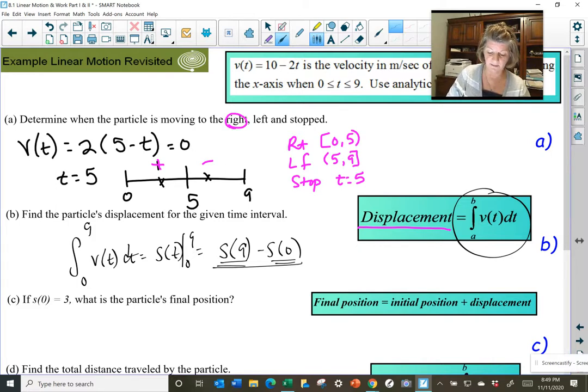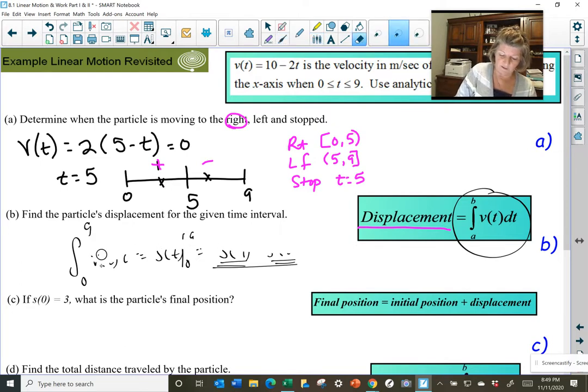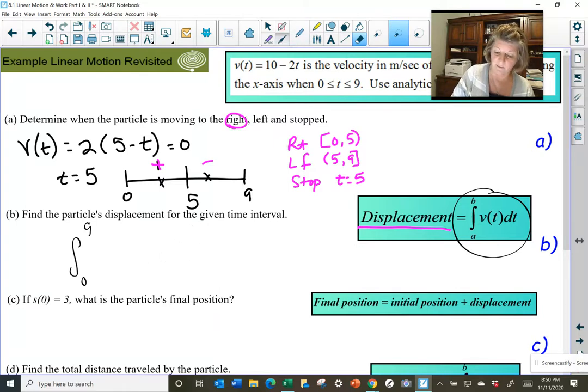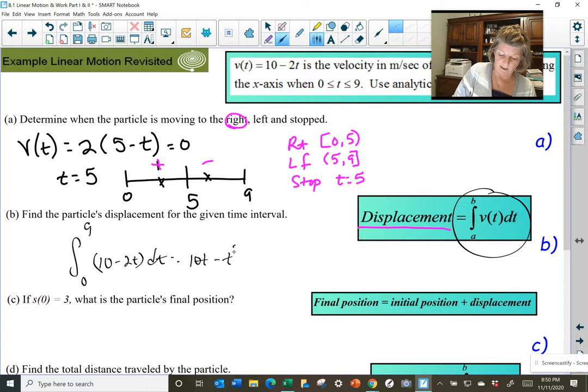So for the particle's displacement, I would just put this in my calculator. Well, this one would be fairly easy to integrate by hand. I just wanted to remind you about integrating velocity. So I would integrate 10 minus 2t dt, and that's going to give us 10t minus t squared, evaluated from 0 to 9.